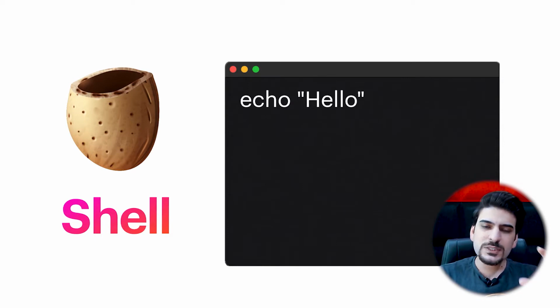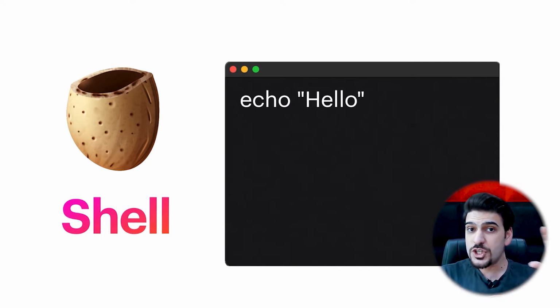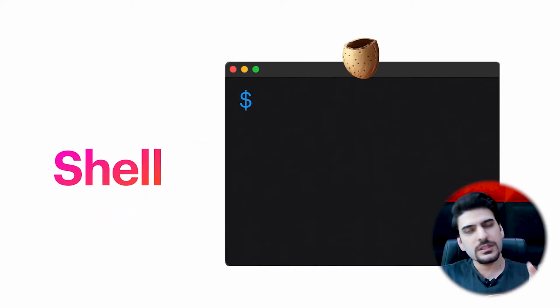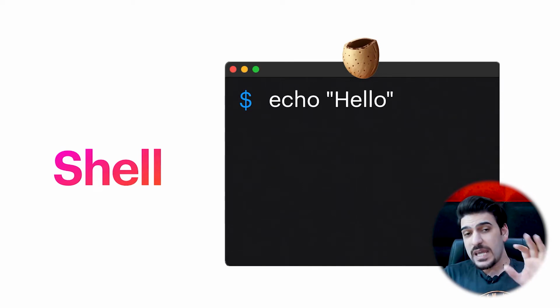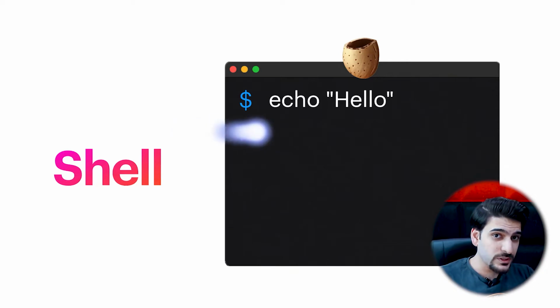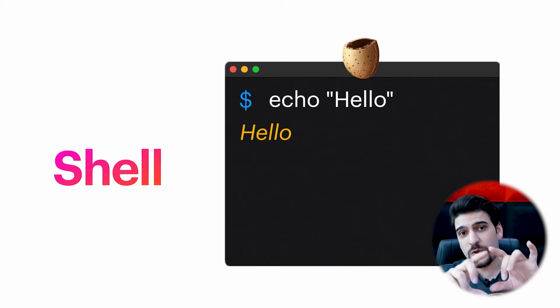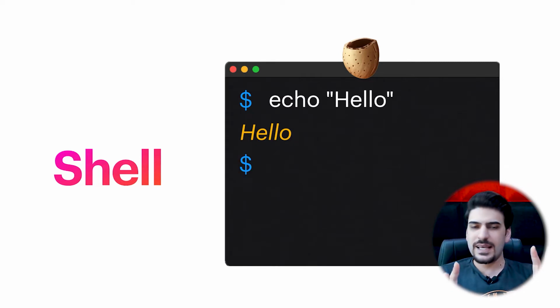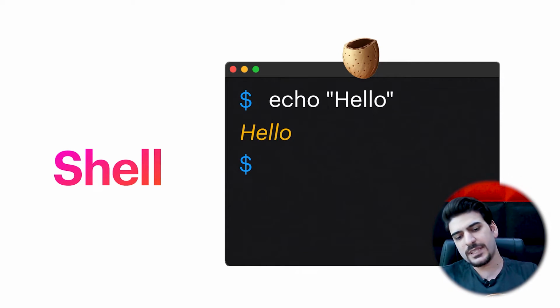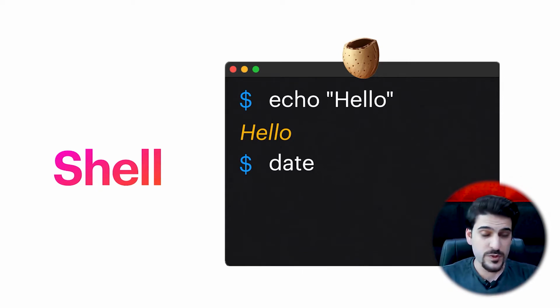But as soon as we connect our terminal to a shell, we can type that echo hello, and as soon as we hit the enter button on the keyboard, it runs and shows the word hello on the monitor as a response. And it asks for the next command. Here we can type the next command, for example, date, which is responsible for showing us the current date and time.